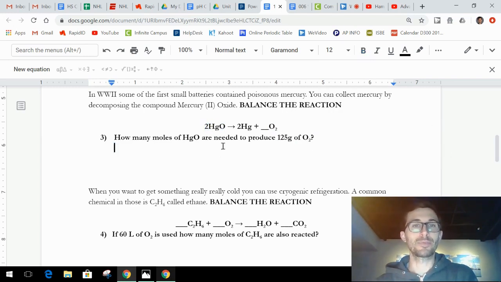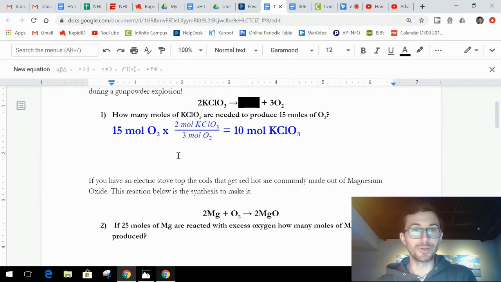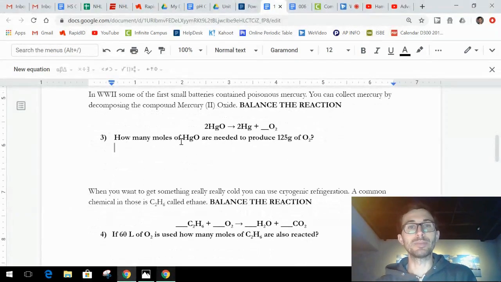So this is going to be a two-step problem. There's moles in one of the substances, and there's a different unit for the other one. Note up here for one step, it was moles to moles. The two-step, it's going to be moles to something, or something to moles. So in our case, we start with grams, trying to get to moles.